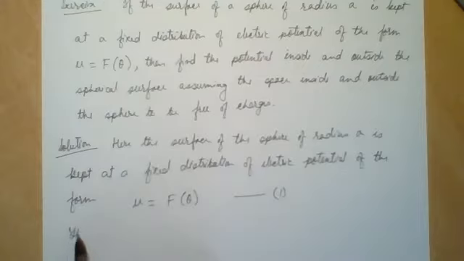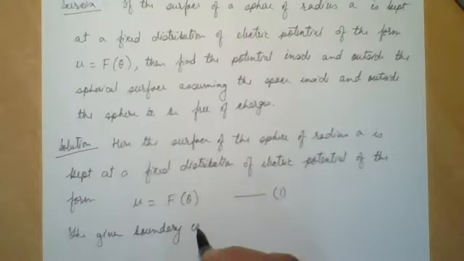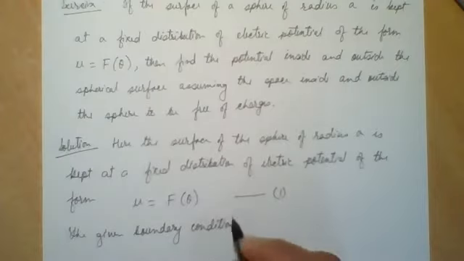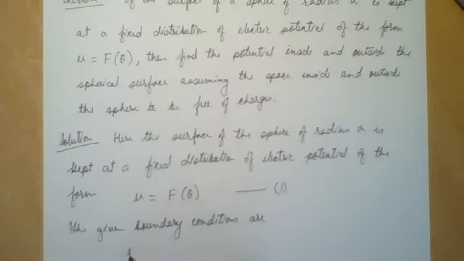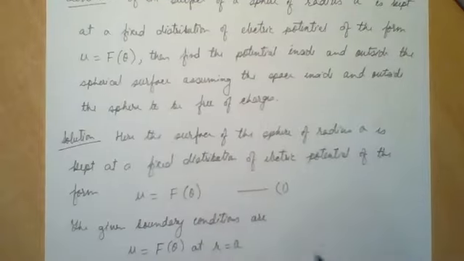The given boundary conditions are: number 1, U is equal to F of theta at R equal to A. This we call equation number 2A. And the second boundary condition is, we assume that the potential goes to 0 at infinity. That is, U becomes 0 at R equal to infinity.